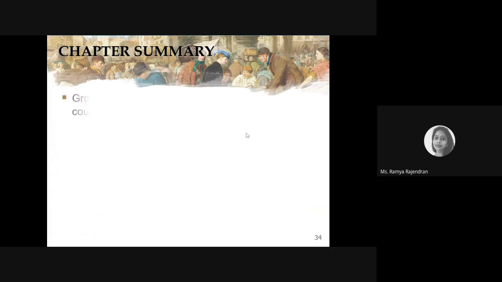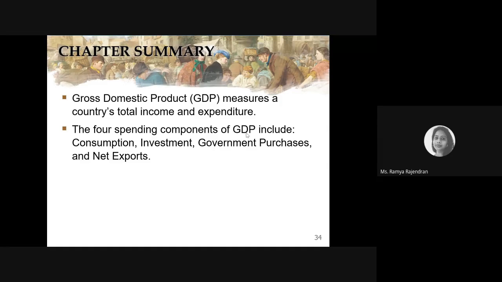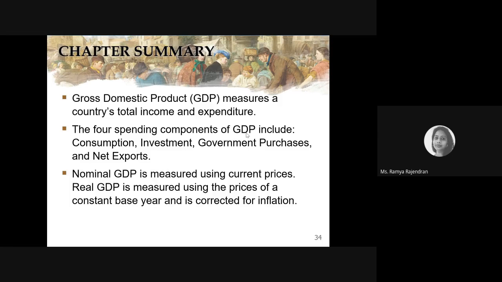Yes, that's all for today. So to summarize, we discussed what GDP is and how a country's total income and expenditure is measured in terms of different components like C, I, G, and NX.